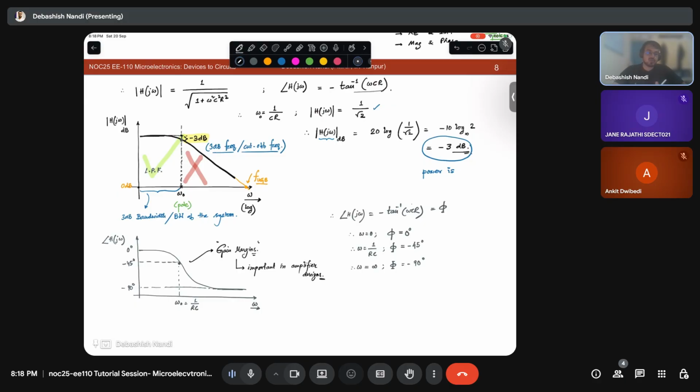Also, from this you can analyze the stability of your system. For stability we generally see the phase margin of the system.